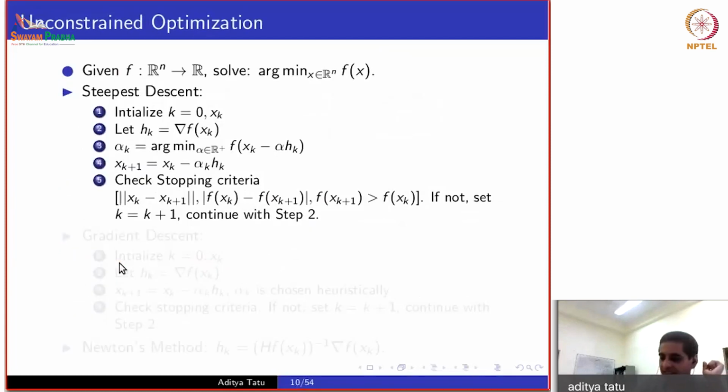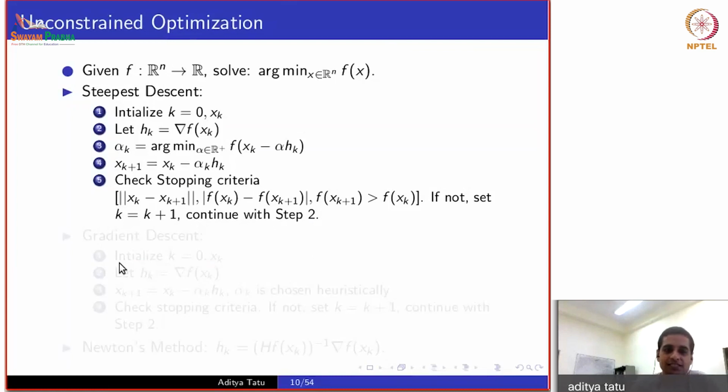Having said that, now let's look at unconstrained optimization. We are given a function f from Rn to R without any constraints, and we are supposed to find the n-tuple x that minimizes this function. You may have heard of two algorithms, gradient descent and steepest descent. Let me quickly tell you what they mean.